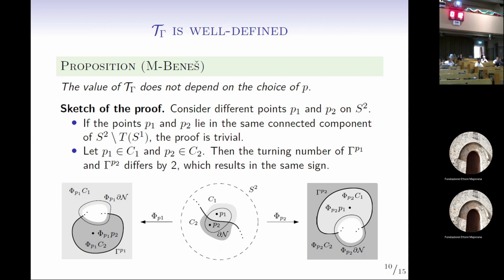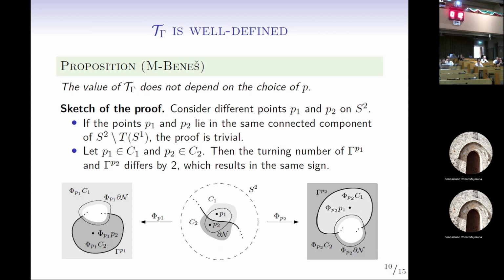Now, if we divide the S2 into connected components, which are divided by the curve, then if the point P and another point P are inside one of the connected components, it's very easy to show that the turning number doesn't change, and thus the results stay the same.